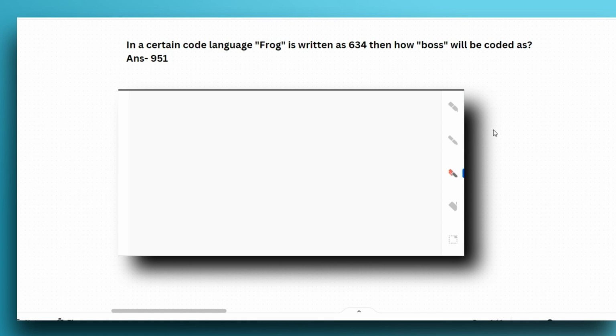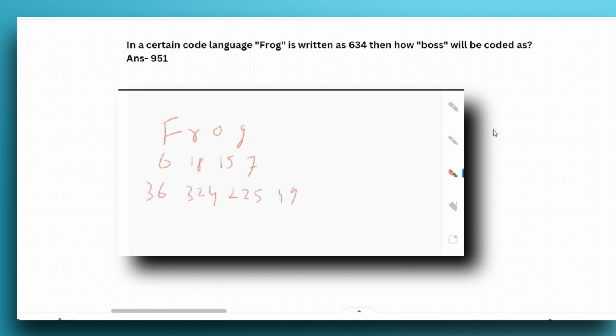F is 6, R is 18, O is 15, G is 7. If you square those and add them, let me see if this becomes 634 or not. So 6 squared is 36, 18 squared is 324, 15 squared is 225, and 7 squared is 49, right?